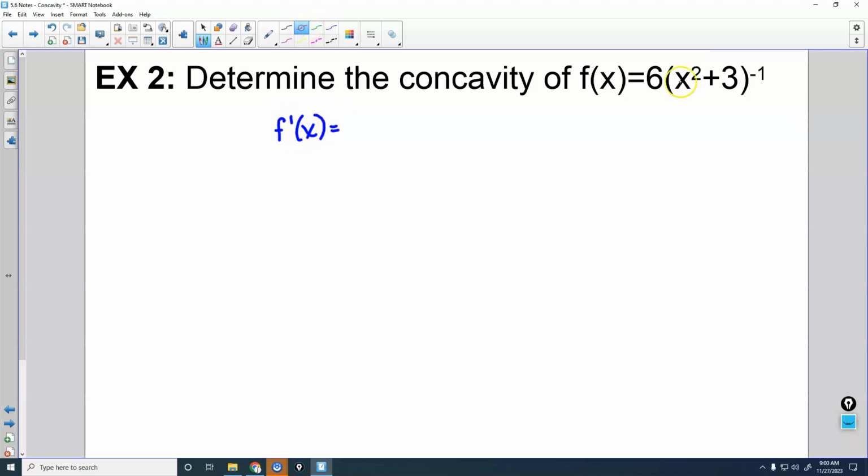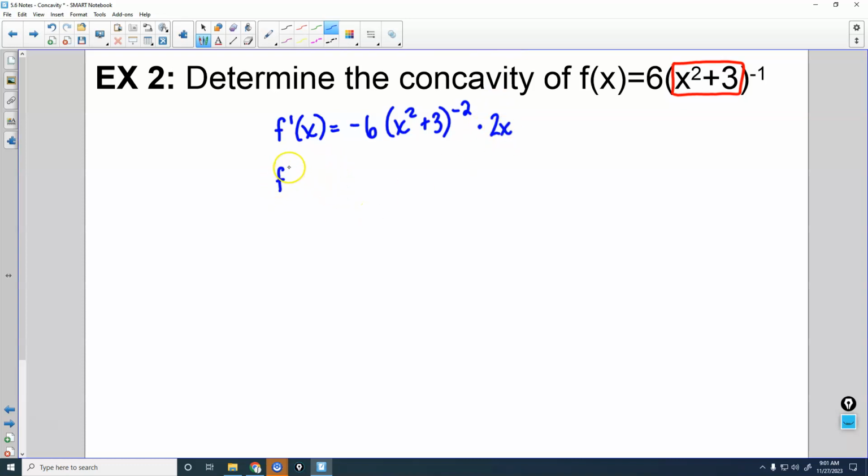We've got this stuff right here being raised to that negative 1 power. So it is going to be negative 6 times x squared plus 3 to the negative 2 power. And then we must multiply by the derivative of the inside, which is 2x.